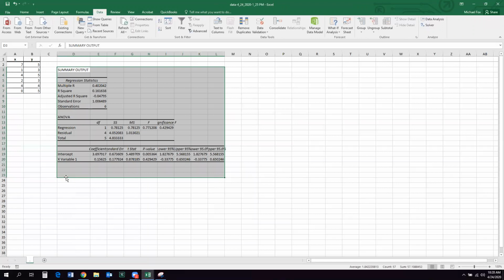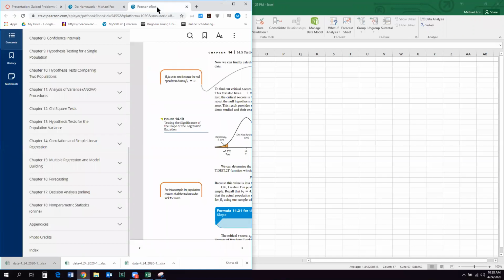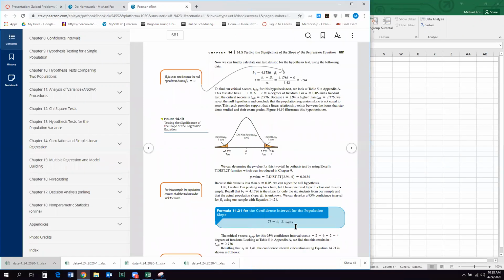So again, what was that formula? I forgot that already. So it was the slope plus or minus the critical t times the error of the slope is what that all means.